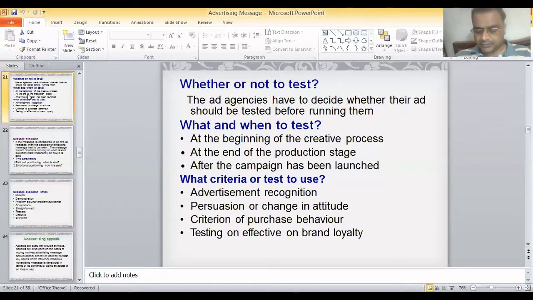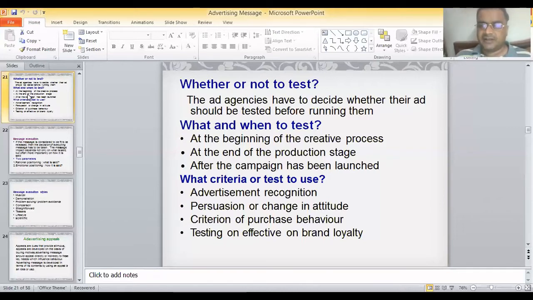Then we have the concurrent testing. So one was pre-testing, the other one is concurrent testing. Concurrent testing is something which happens when the advertisement campaign is going on.